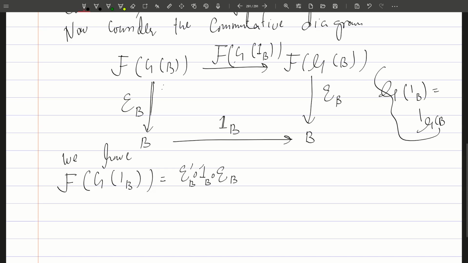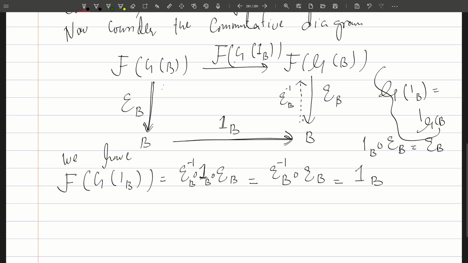So this is the same as, since 1 sub B composed with epsilon B is the same as epsilon B, epsilon B inverse composed with epsilon B. Now this is the same as the identity on the object B.